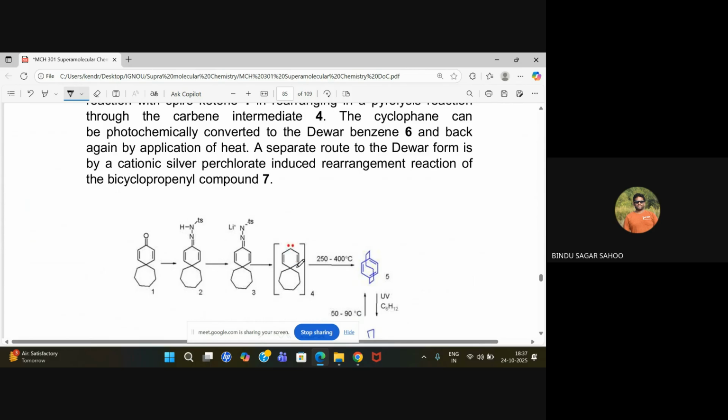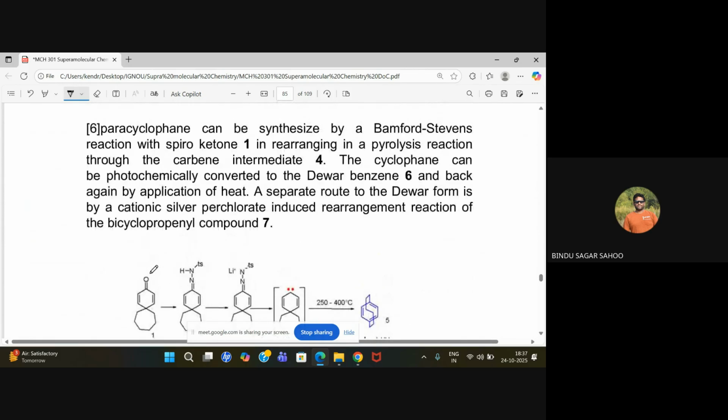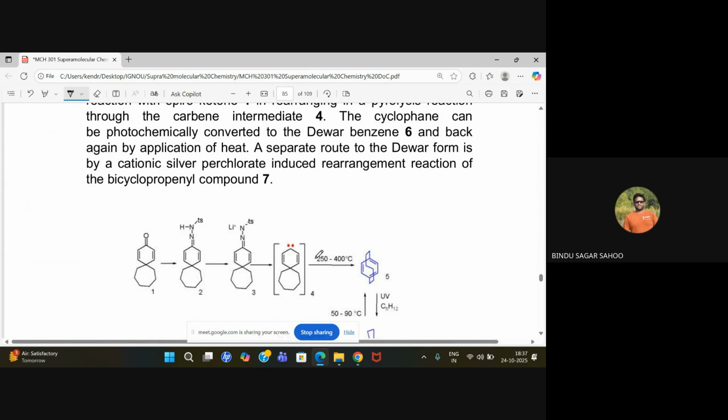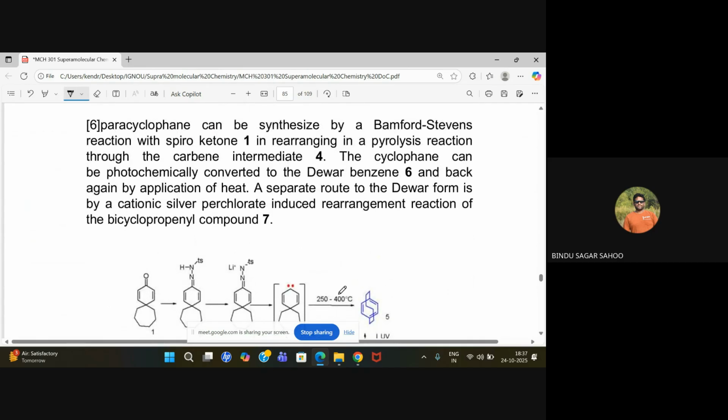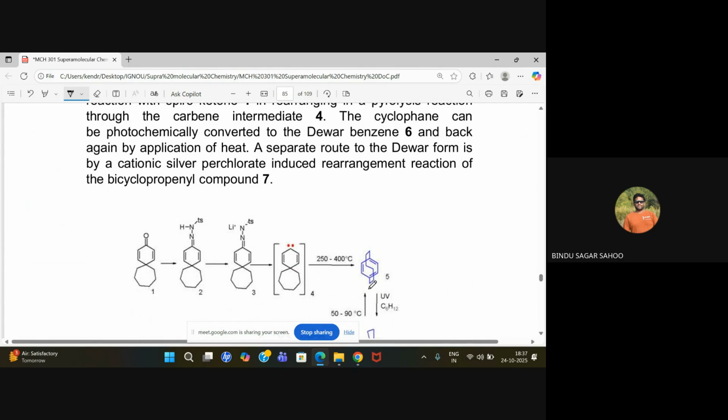Further, if you heat this carbene at 250 to 400 degrees Celsius, it gets converted to the cyclophane structure like that. So by using the Bamford-Stevens reaction you convert a carbonyl group into a carbene intermediate, and on heating the carbene intermediate it gets converted to the cyclophane structure.